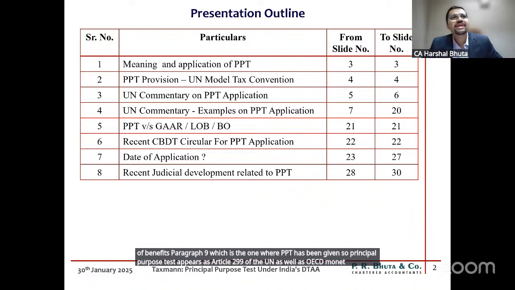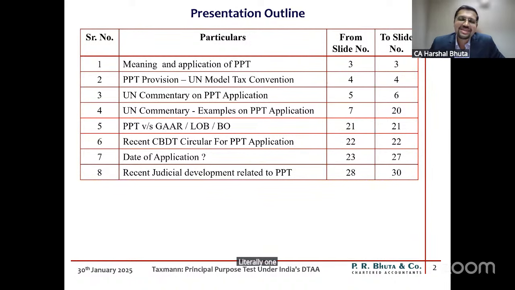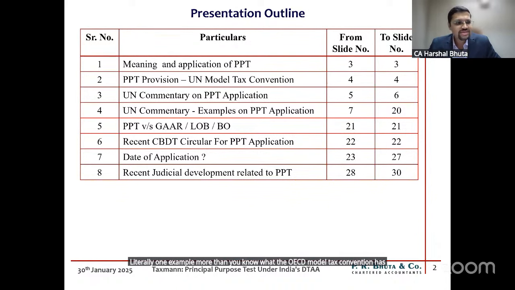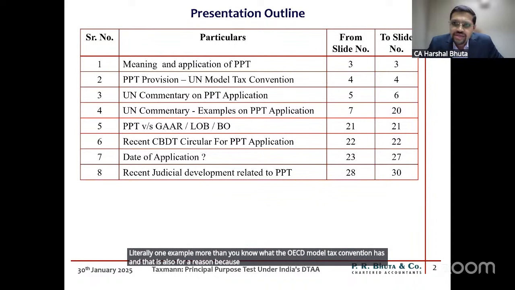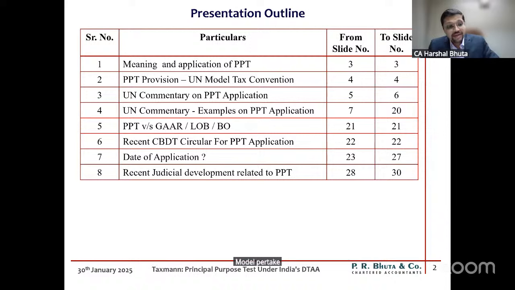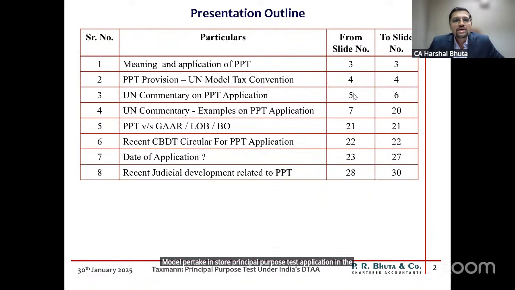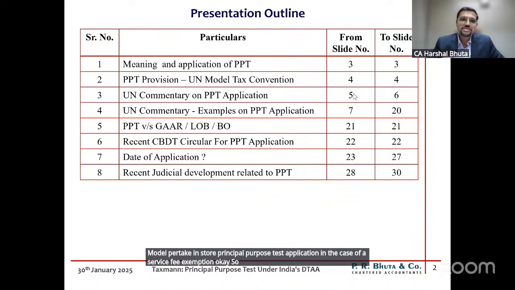The UN Model Tax Convention has literally one example more than the OECD Model Tax Convention has, and that is also for a reason, because service fee is not a concept under the OECD model. So this additional example pertains to principal purpose test application in the case of a service fee exemption. Okay, so you will see UN commentary throughout the slides.